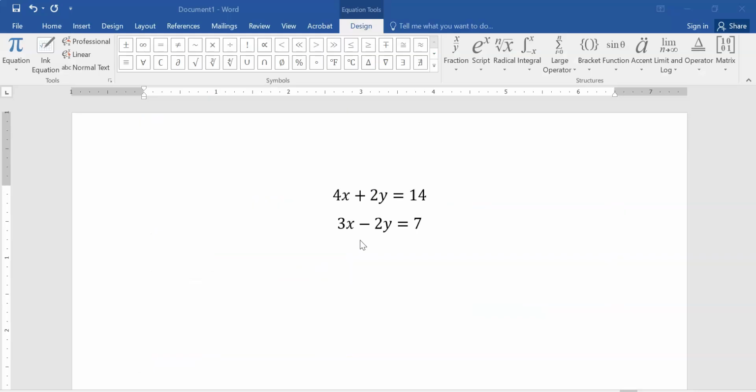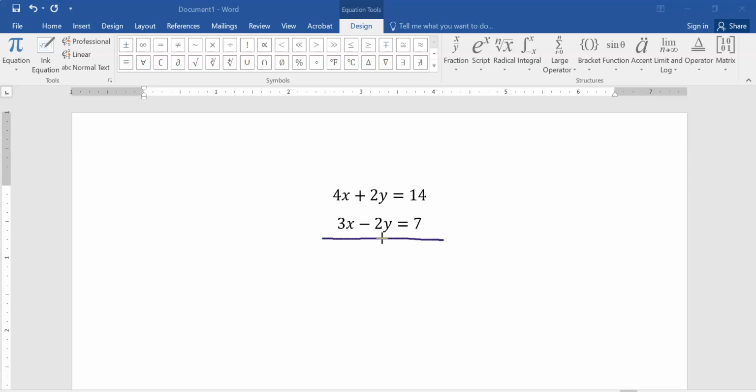Let me actually go ahead and do that on the Word document. We have this Word document here, and we have the x's, the y's, the equal signs, and the constants all in alignment. So we're going to take these two equations and add them up. Again, we need to make sure that our terms are opposites.